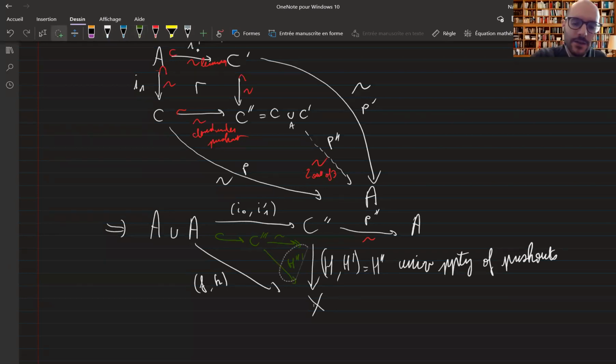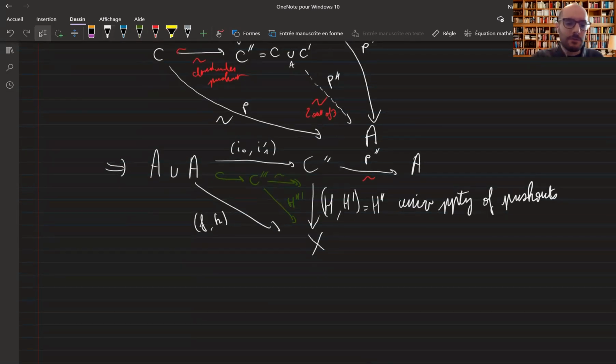Right. H triple prime is H double prime composed with this thing here, right? Yeah, I'm not sure that this map here is always a cofibration. Maybe it is, but it's not clear. But anyway, we don't need it because we can just factor this map here and still get a homotopy.